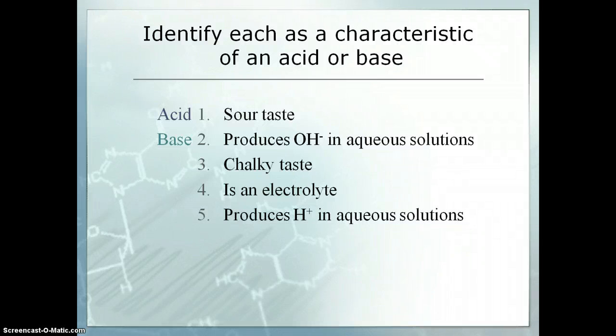Our bases have a chalky taste. Even though we didn't mention it for acids, both acids and bases are electrolytes. This means that they conduct electricity. And acids produce H plus ions in aqueous solutions. Remember, aqueous means in water.